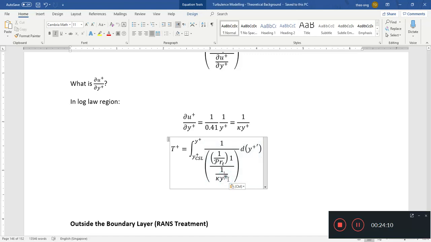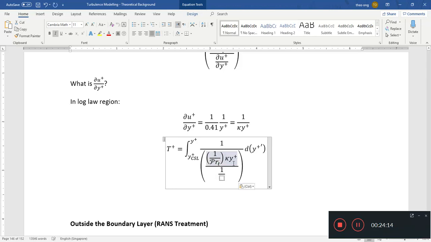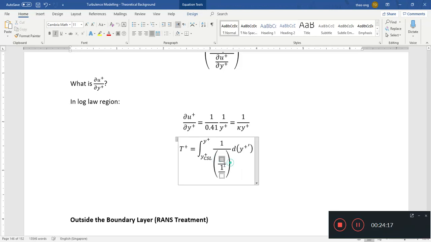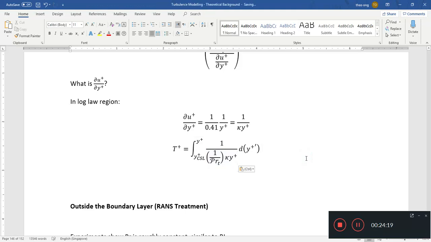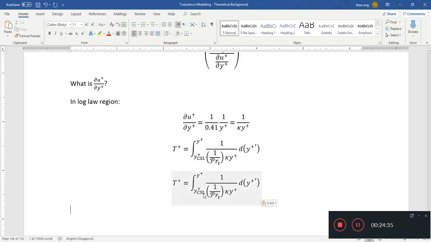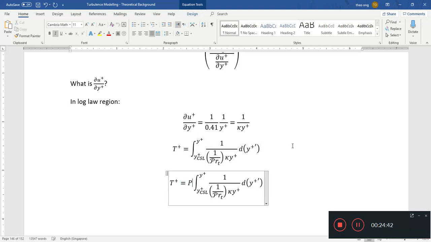So many divisions here, kind of losing track. This should go here, and this should just be at the bottom. The von Karman coefficient should be constant, and this turbulent Prandtl number, we assume it doesn't change much, so we bring the turbulent Prandtl number and the von Karman coefficient out.